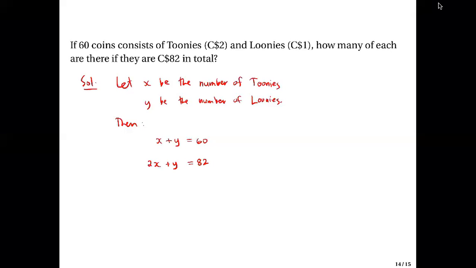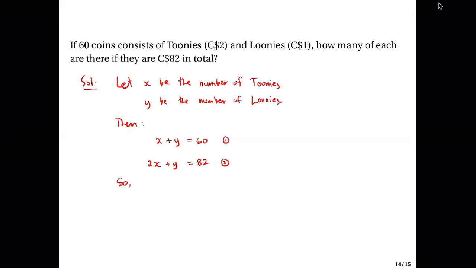So we can solve for x here or y here. We can solve for both of them. This is just a system. So you can use substitution, you can use the elimination method. For this, I'll use the elimination method. I can easily eliminate variable y.